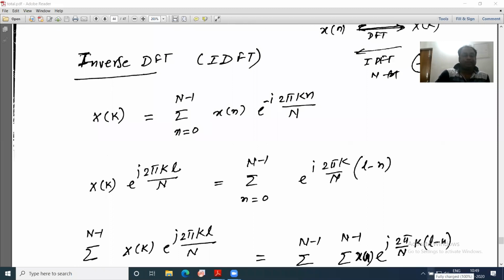Now what I am doing, I am multiplying both sides by e power j 2 pi kl by N. Agreed?